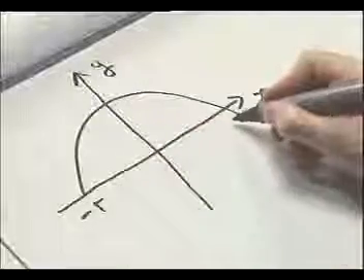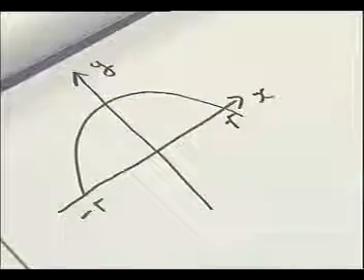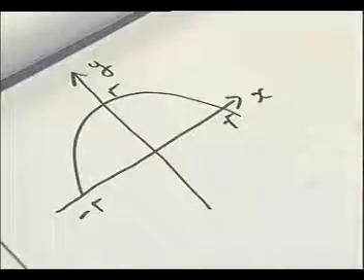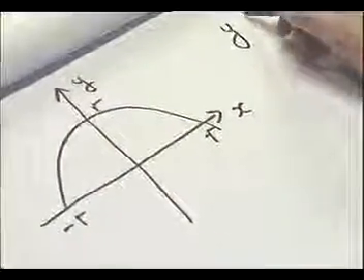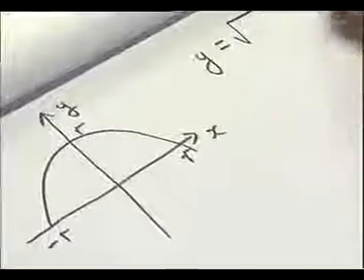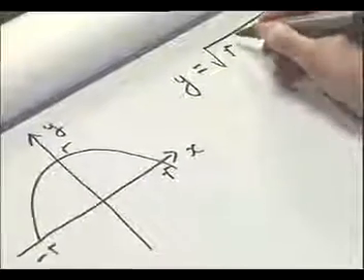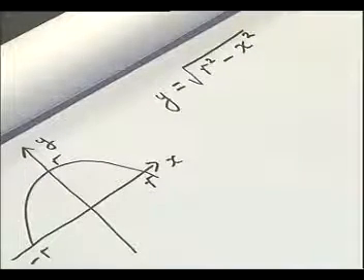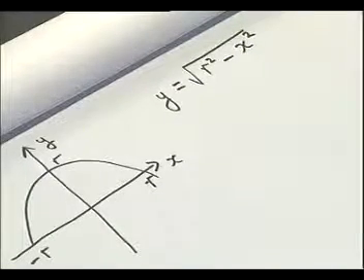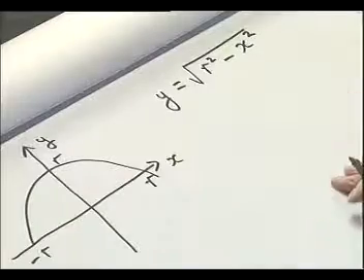It's a semicircle, so its radius we'll take to be r. And what's the equation of that curve? Well, that will be y equals the square root of r squared minus x squared. So, this is our equation for y.